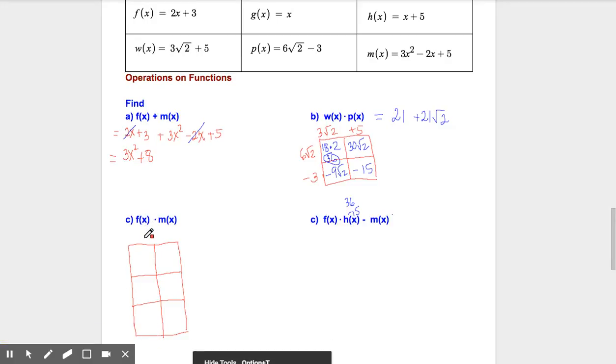So f of x goes here on the length, which is 2x plus 3. It really doesn't matter which one is length and width. We will get the same product. So we'll put plus 3 here. Now the width is m of x. So 3x squared minus 2x plus 5.